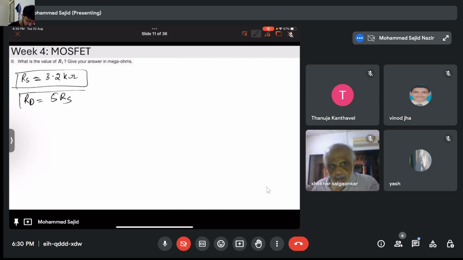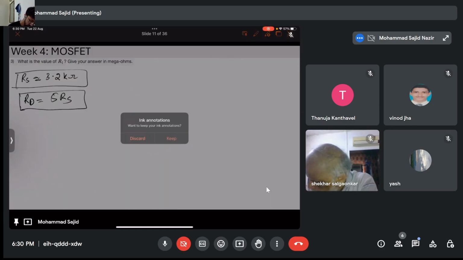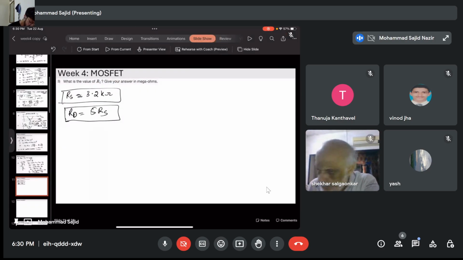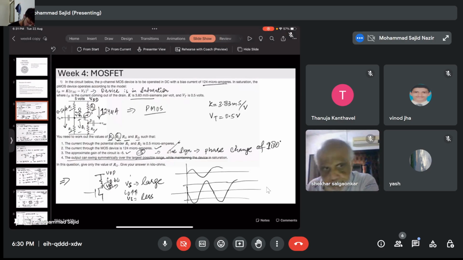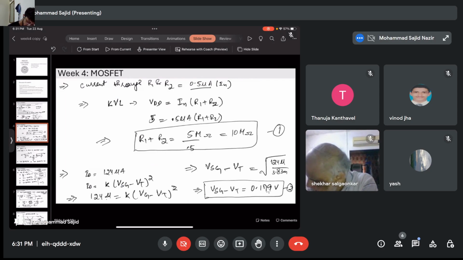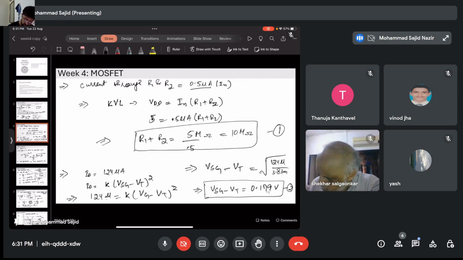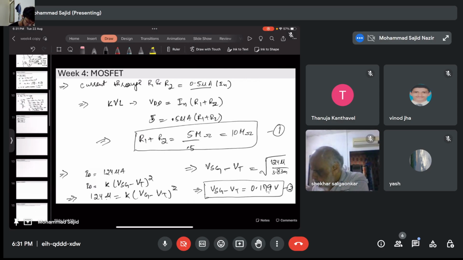Okay, so now if this is done, we had also calculated one more thing, that was the first equation. This is R1 plus R2. Yes, number 2. VSG minus VT is 0.179 volt. Now we will use this.